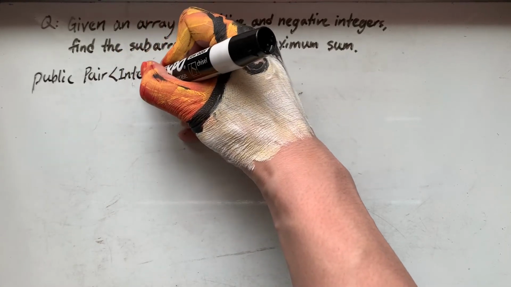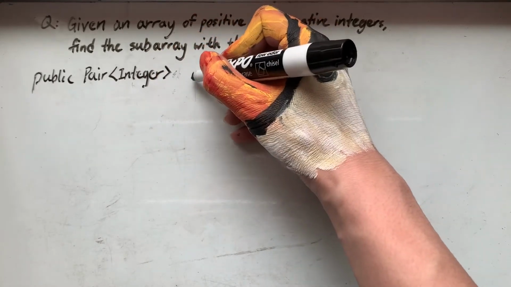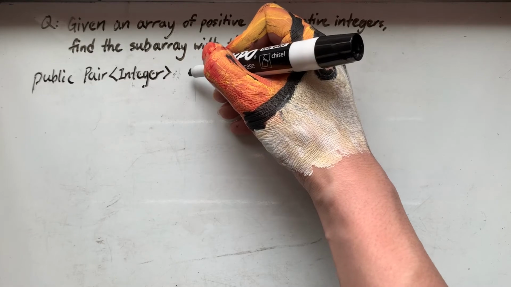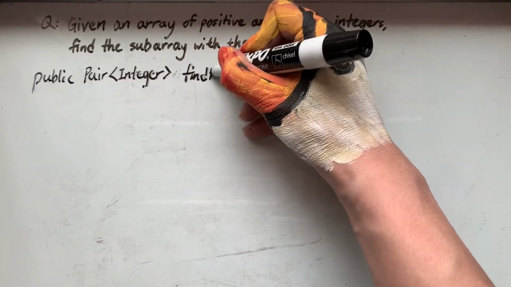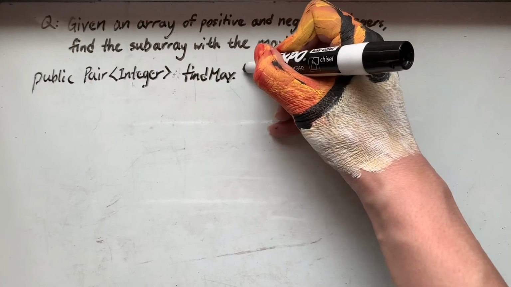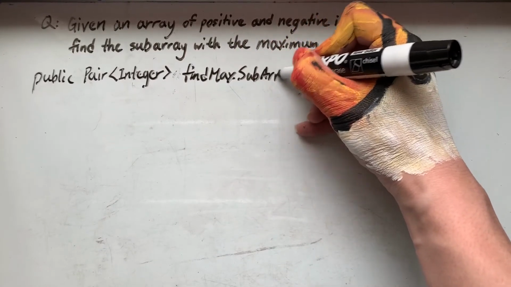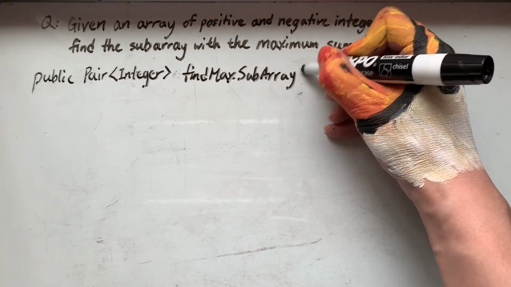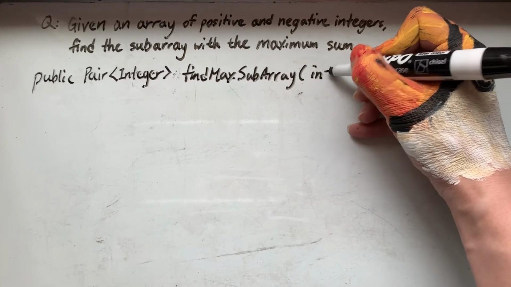So we'll return a pair of integers. And let's call it findMaxSubarray. It'll take in an array of integers.